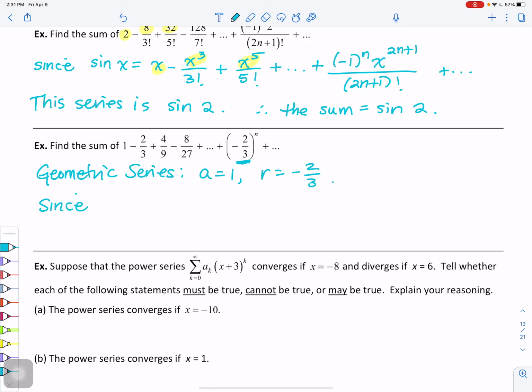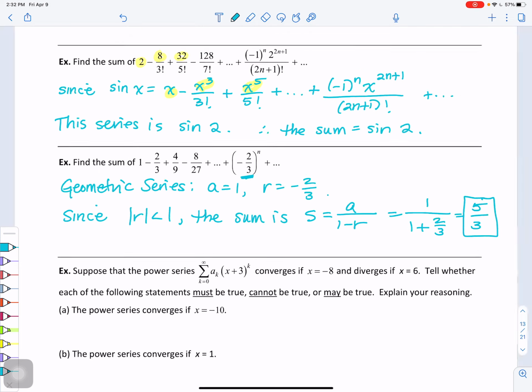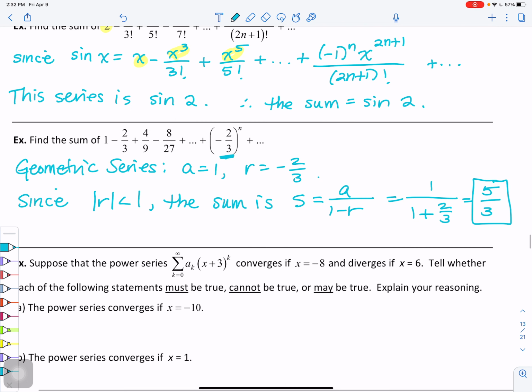Since the absolute value of R is less than 1, the sum is A over 1 minus R, which is 1 over 1 plus 2/3, and that's equal to 5/3. And that concludes this first part.